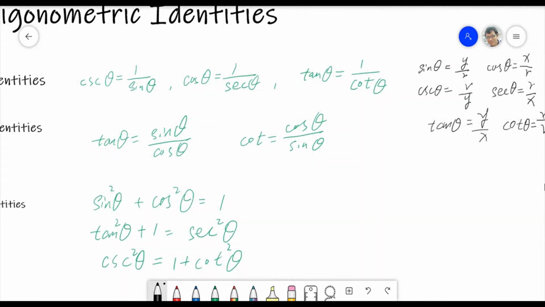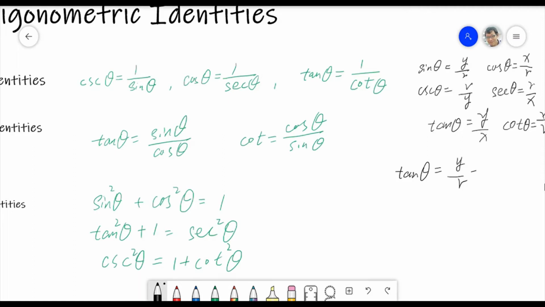Let's do a little proof. Tangent theta equals y over x, am I right?